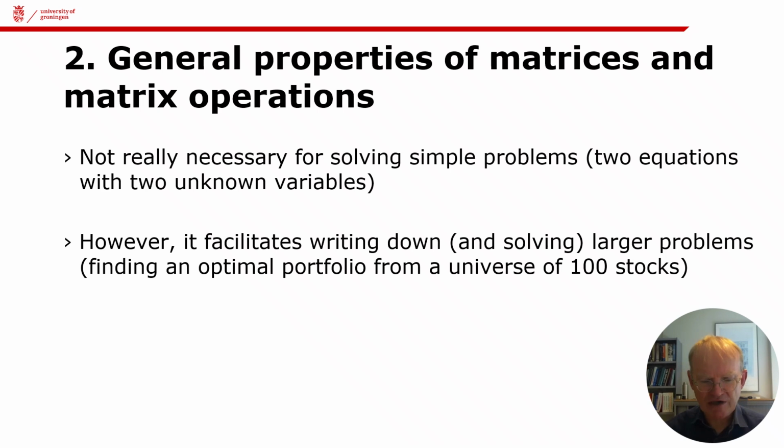So second part of this presentation is about the general properties of matrices and matrix operations. So of course, for simple problems, 2 equations with 2 unknown variables, we are able to do that. At least I hope so. Where it really comes in handy is if I have 100 equations with 100 unknown variables or even worse. And this is typically what happens when we try to solve for optimal portfolios.